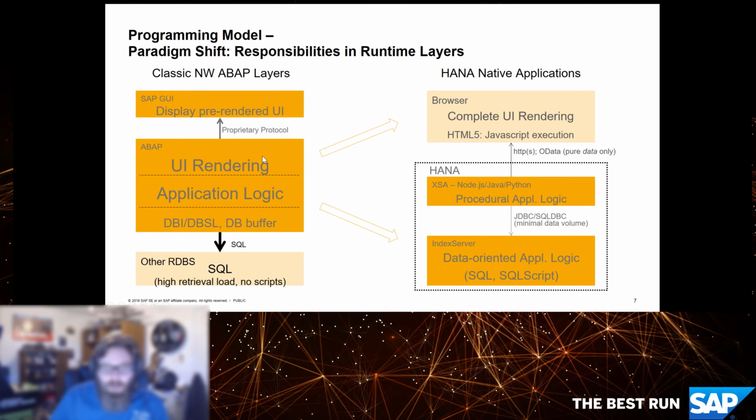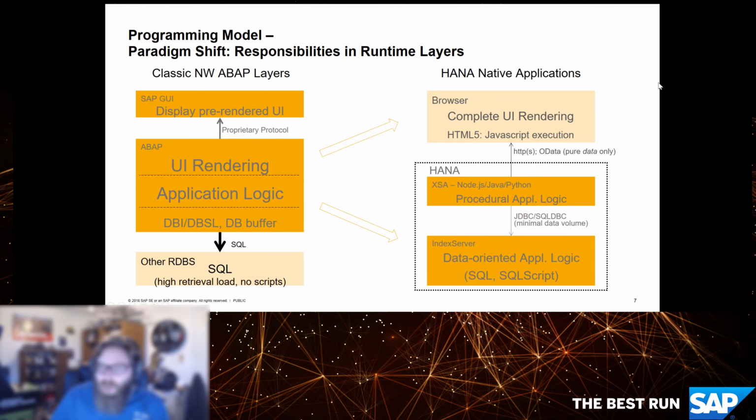It's where we did our user interface rendering, our application logic, really a lot of database processing. And we treated the database itself as just a dumb data storage bit bucket where we read massive amounts of data out of and do almost all of our processing at the application server layer.